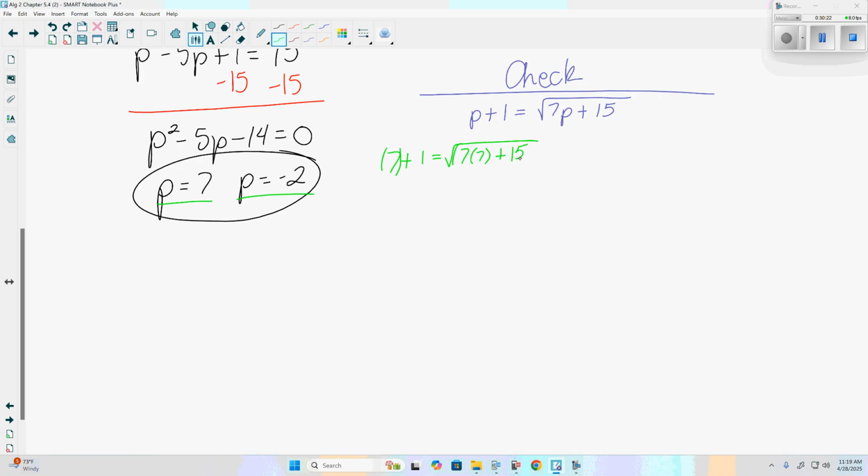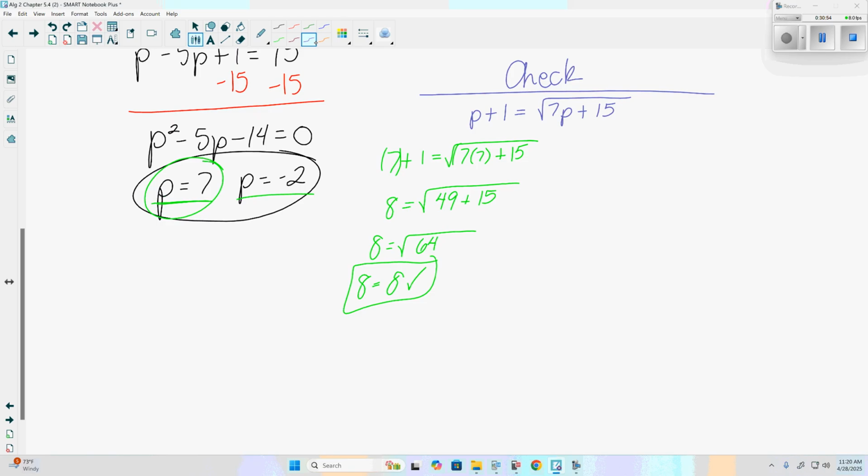So we can try 7 first. On the left-hand side, we have 7 plus 1, which is 8. On the right-hand side, we have 7 times 7, which is 49, square root of 49 plus 15. 49 plus 15 is going to be 64, and the square root of 64 is indeed 8. 8 equals 8, so p equals 7. This is a solution. It does work.